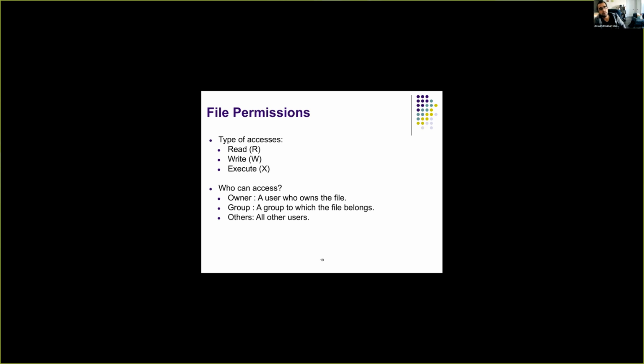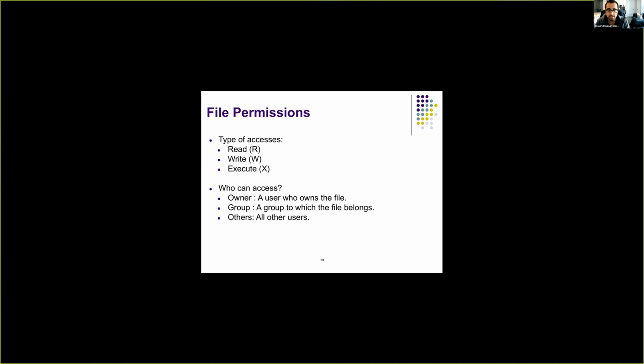A group is a tag given to various users, and it allows us a way to group multiple users. For instance, on Linux, you must have heard of the sudo group. The sudo group is the group of users that have privileged access or root access. And others indicate all the other users who are not owners, or who are not part of the group of the file.